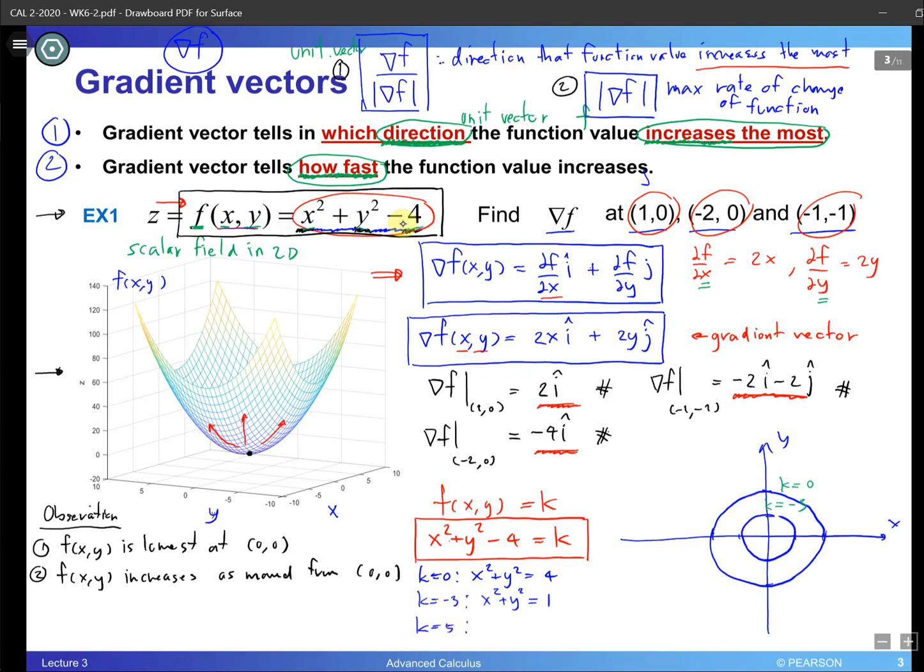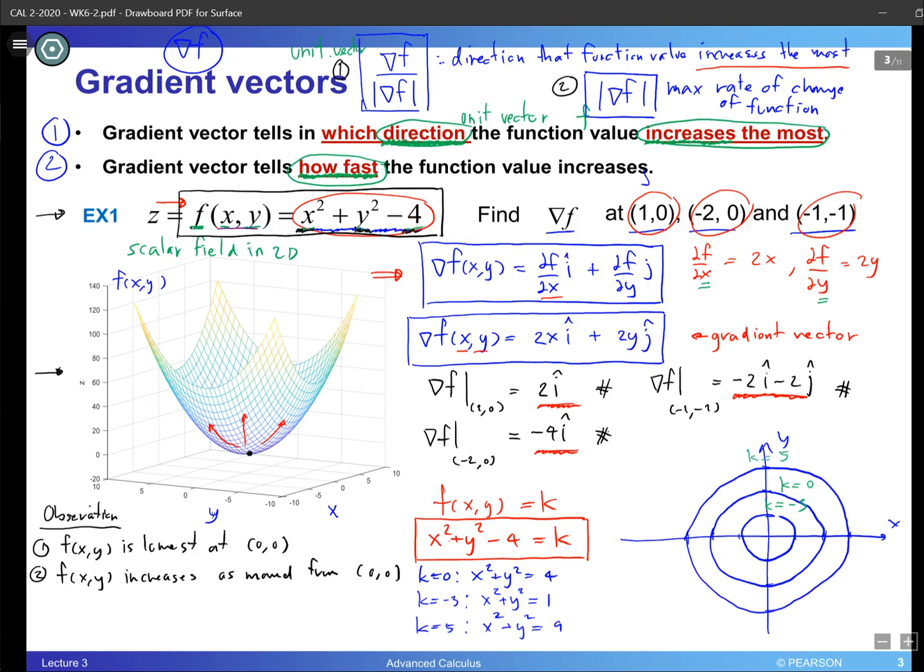We have x squared plus y squared, and now with 5 for k, we have 9 on the right-hand side of this equation. We are looking at an equation of a circle of radius 3. So we have one more right here, a circle of radius 3. Let's make a note right here: this is k equal to 5.